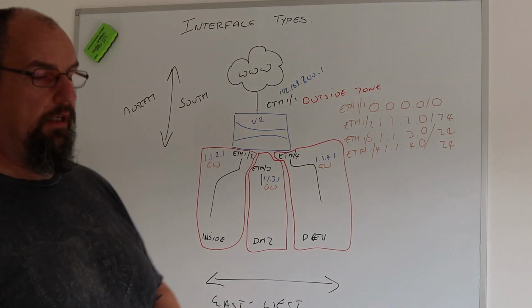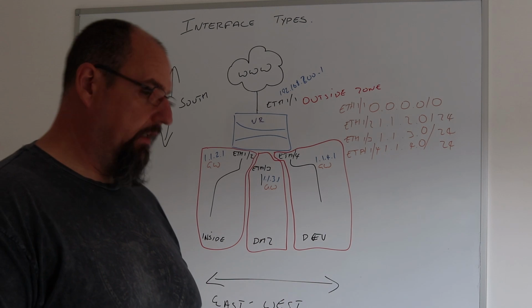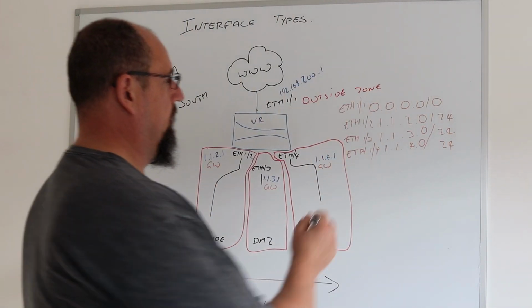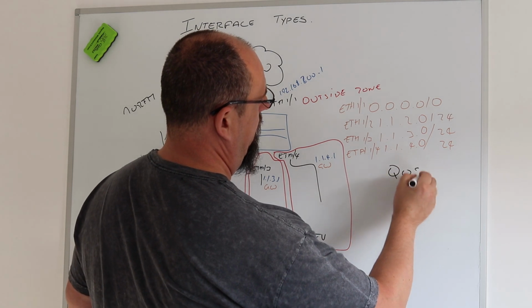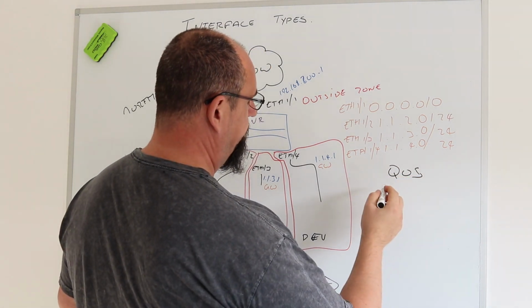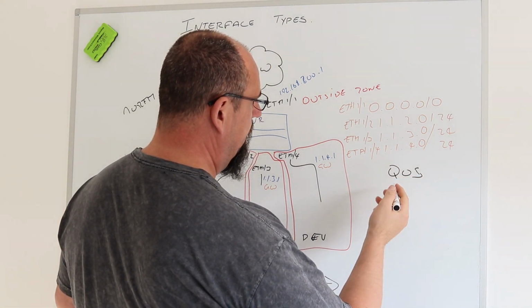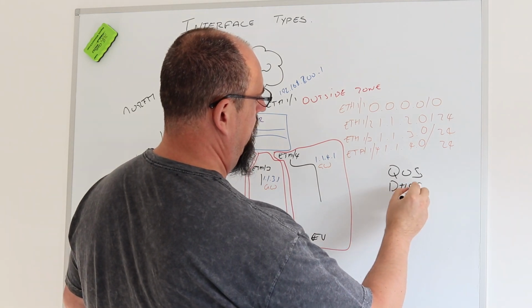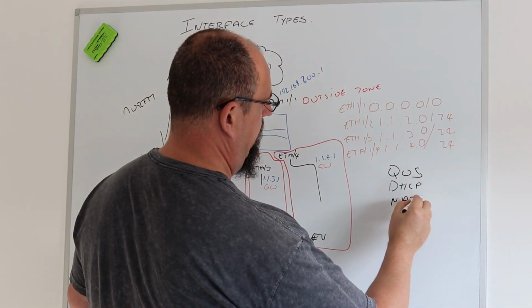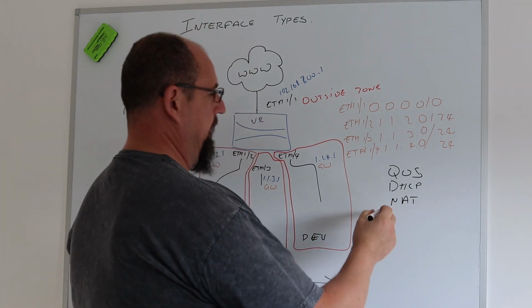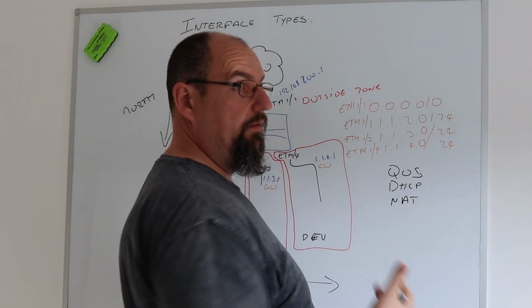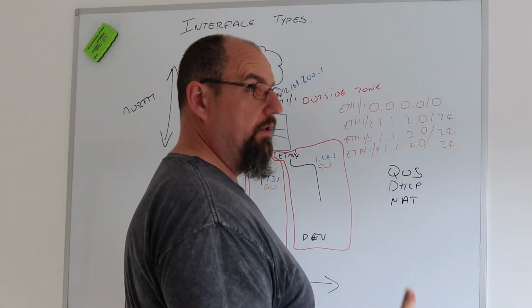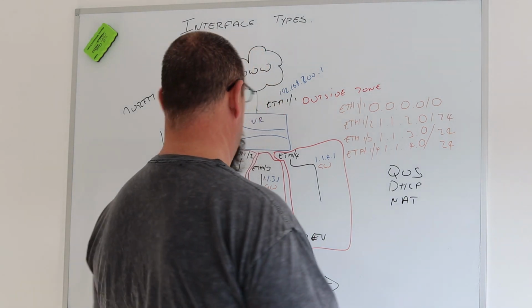Obviously with layer 3 you have everything, you have QoS, DHCP, NAT, protection profiles, you have your zone protection profiles and your reconnaissance profiles and so on.